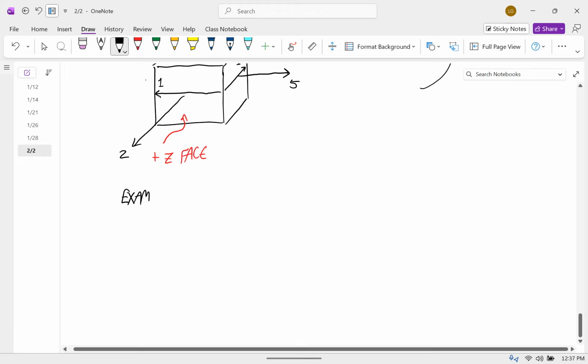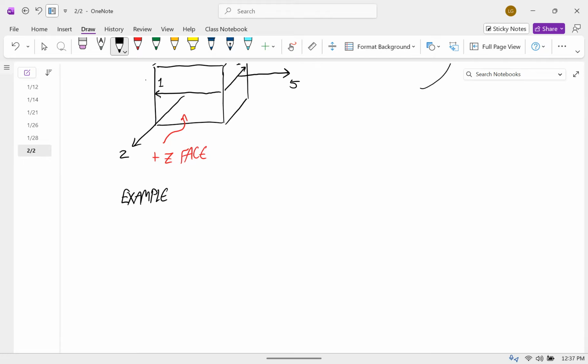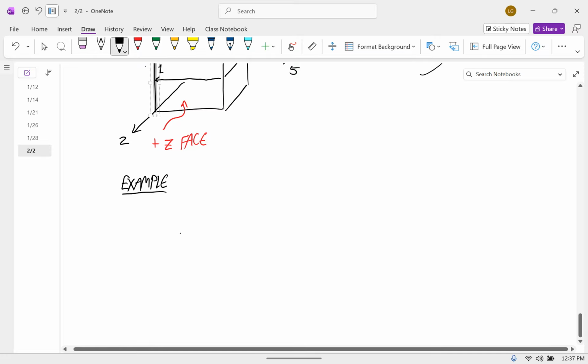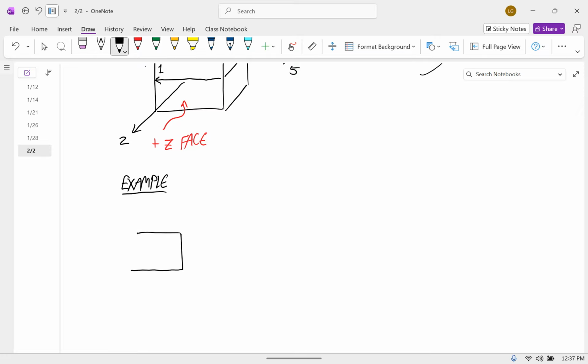Okay, so let's do another one. Let's say we start with a stress cube like this.